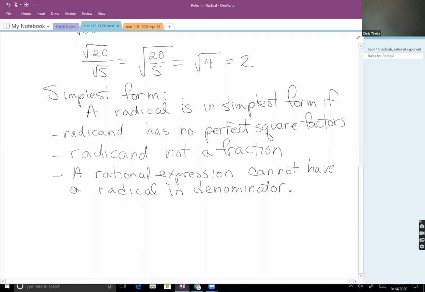I know for your generation, if you're trying to evaluate or simplify something with a square root symbol, you probably take out your calculator and do whatever computation you can. These rules go back to ancient times when I was a kid and we had to do it all by hand.